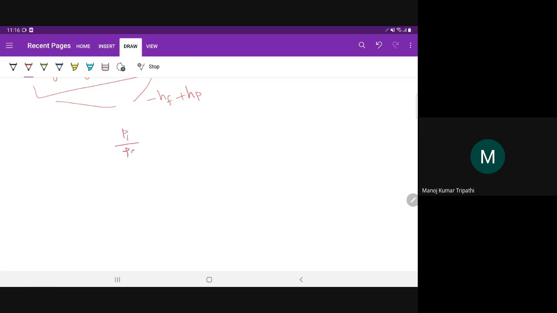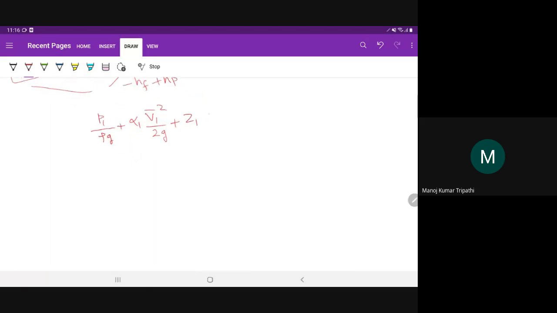P1 by rho g plus alpha 1 V1 bar square by 2g plus Z1 equal to P2 by rho g plus alpha 2 V2 bar square by 2g plus Z2.